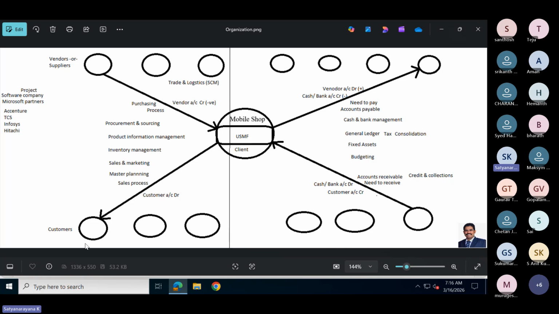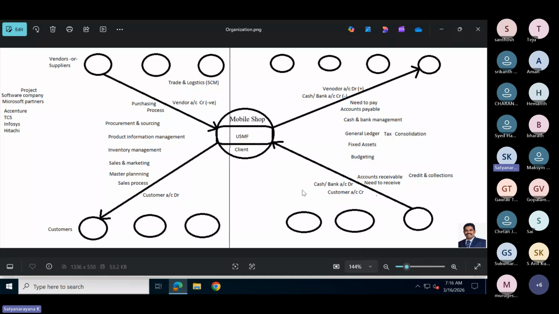So one is the purchase process, another one is the sales process. Next, once you purchase, you need to pay money to the vendor. And you need to receive money from the customers.